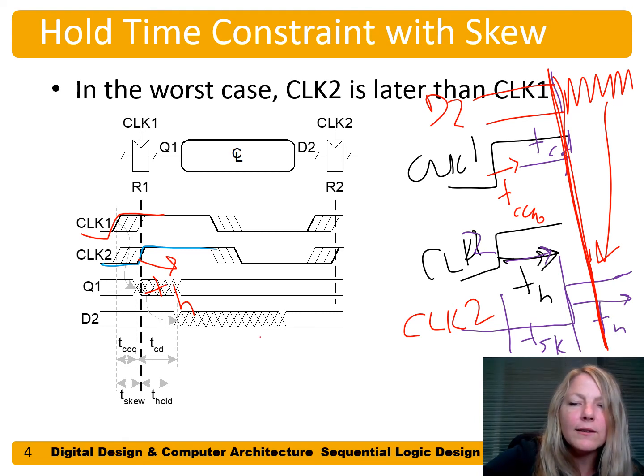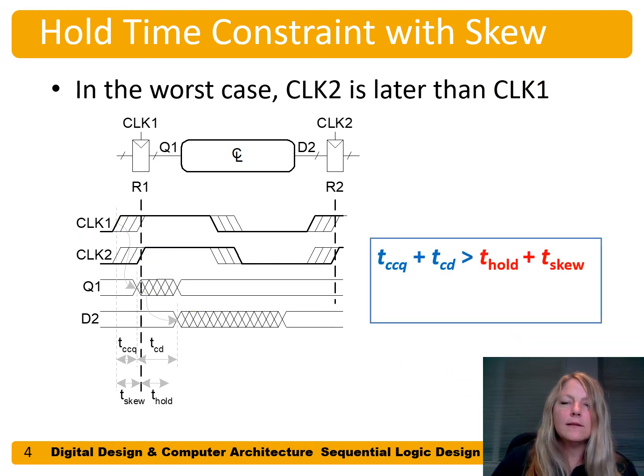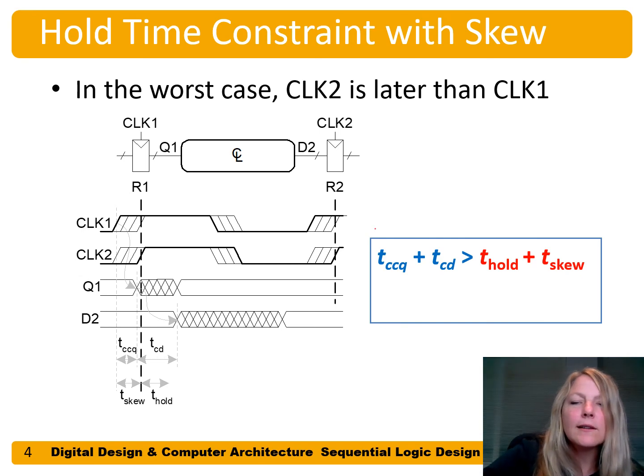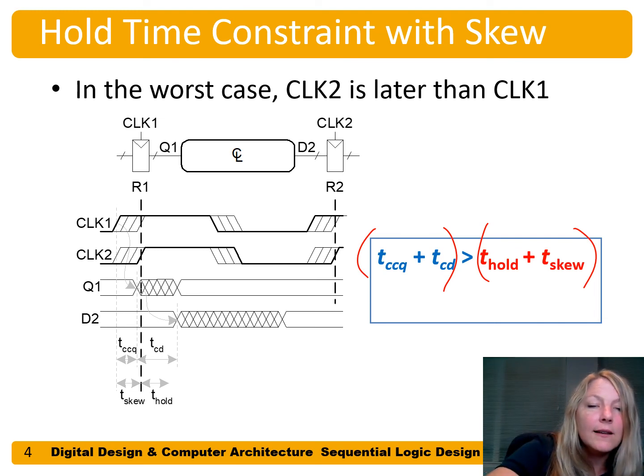And so again, we can write this equation: T hold plus T skew has to be less than TCD plus TCCQ. Or in other words, this has to be greater than not just our hold now, but our hold plus the amount that it was skewed.